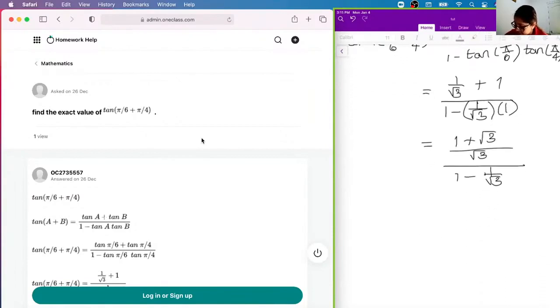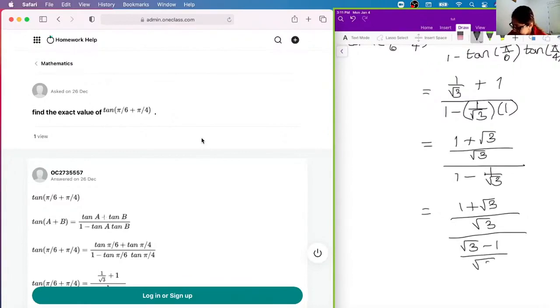If I take a common denominator right here, you have 1 plus root 3 over root 3, divided by root 3 minus 1 over root 3. I just took the common denominator in this case, which is root 3, and then multiplied and got this fraction in the denominator.